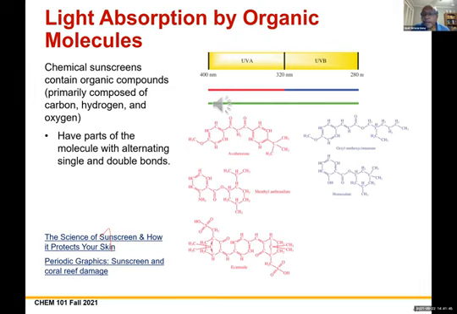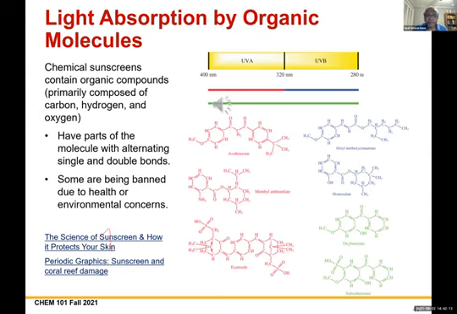Mostly sunscreen has UVA absorbers and some are UVB absorbers. The third type of molecules absorbs both UVA and UVB, the green ones. So there are chemical compounds used in producing sunscreen.